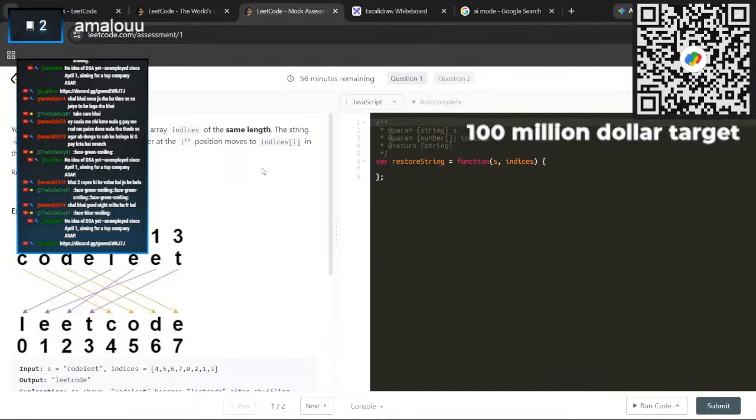Can we just take an object and map them and return the values in sorted fashion? Not sorted fashion.